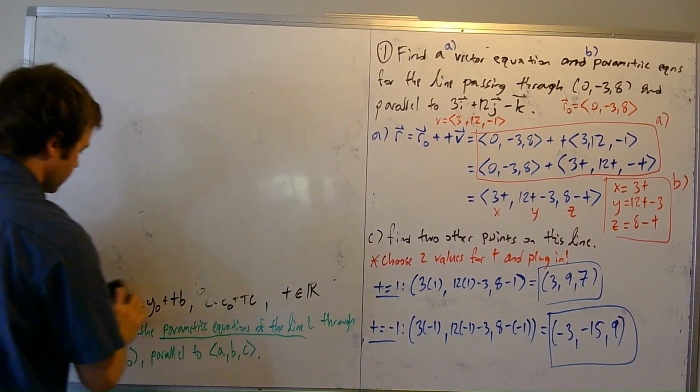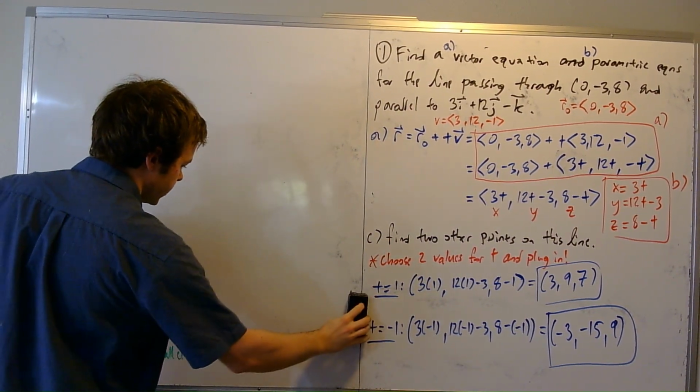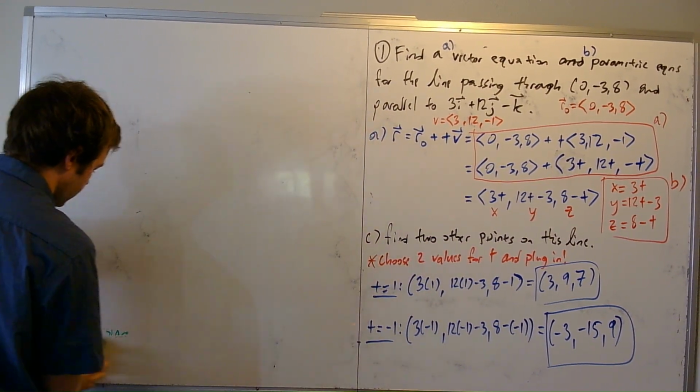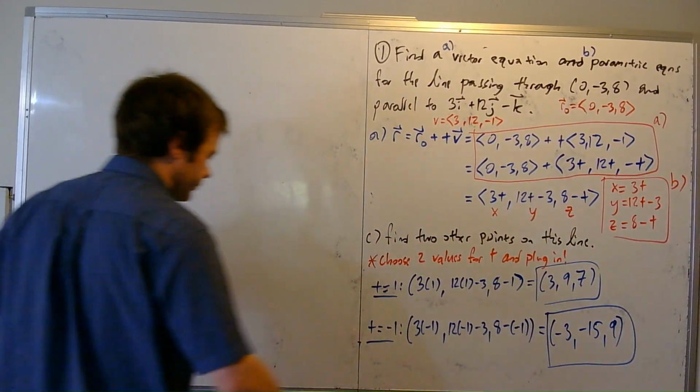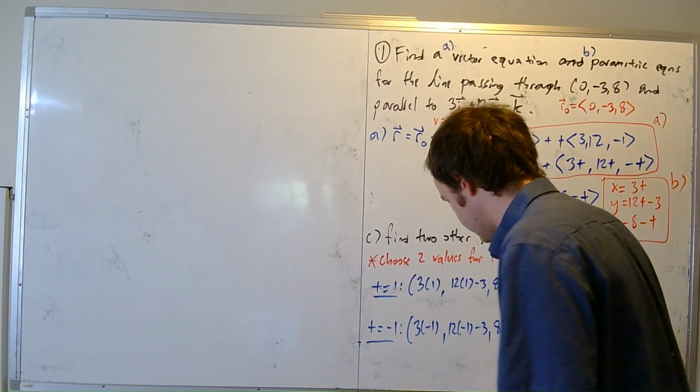So we figured out how to make vector equations of the line and parametric equations of the line. Let's see one more type of thing.